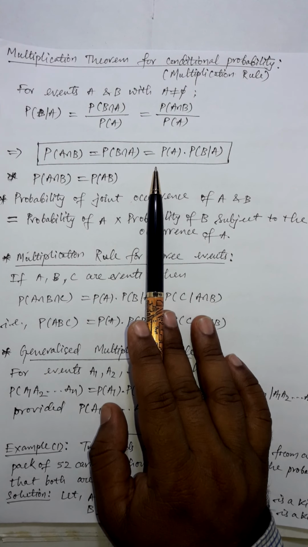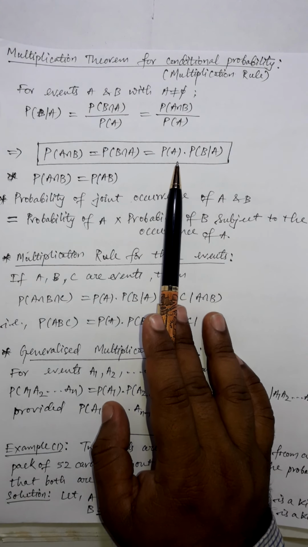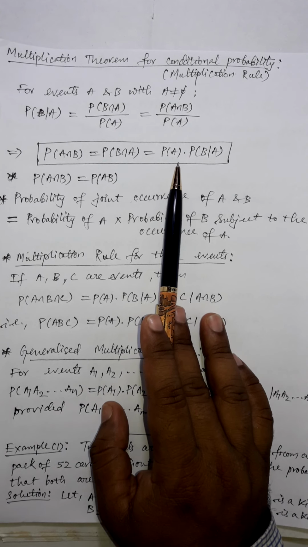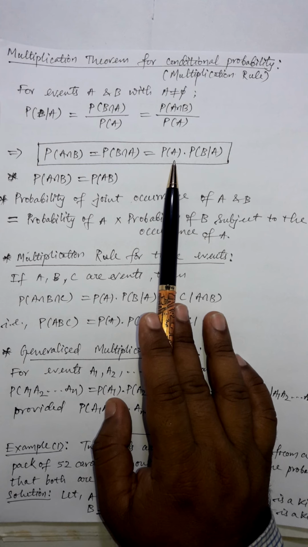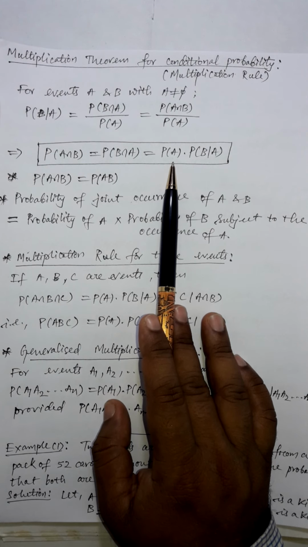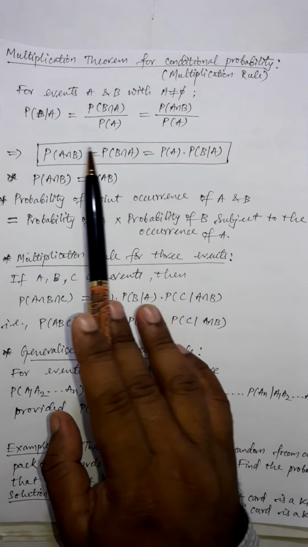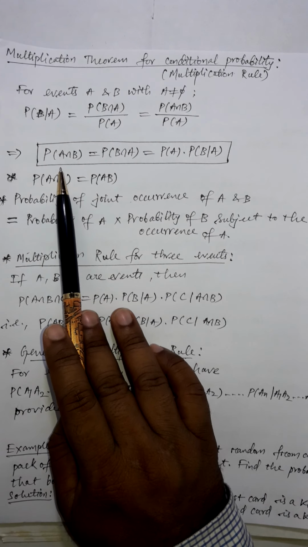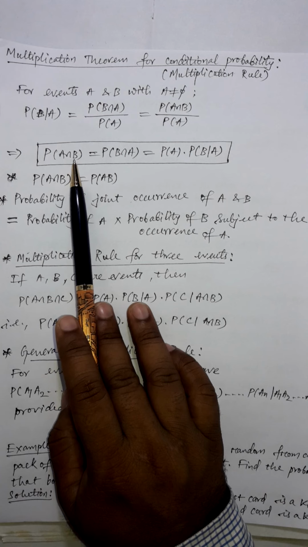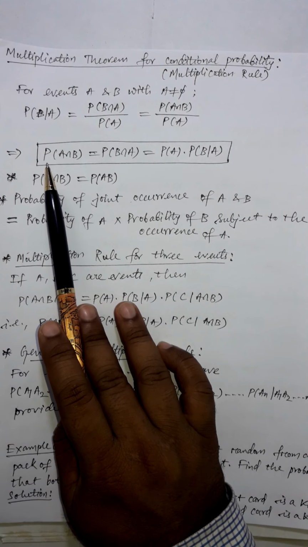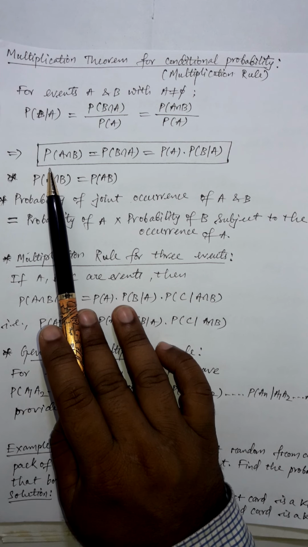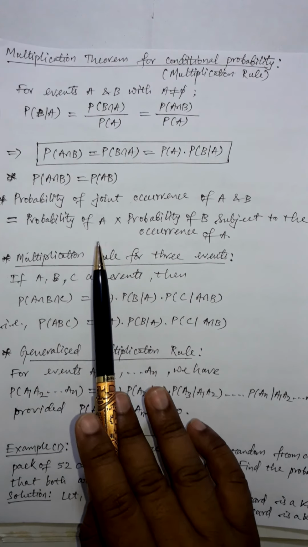So we came to know why it is called the multiplication rule, because two probabilities are multiplied, and for which purpose this rule is applied. This rule is applied for the joint occurrence of two or more than two events simultaneously. In this case, this formula will be applied.